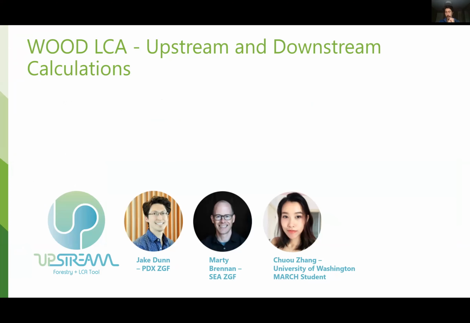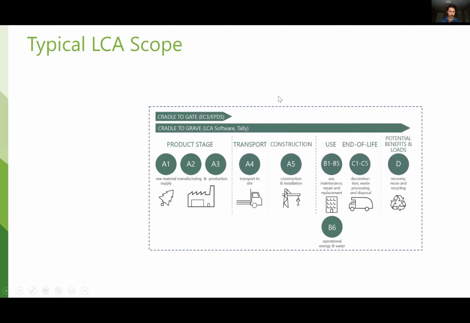Basically, we're framing this presentation as looking at both the upstream and the downstream calculations that can be incorporated into current LCA tools and methodologies. Starting with the typical LCA scope, you've got your different boundaries and also the different modules of that LCA.